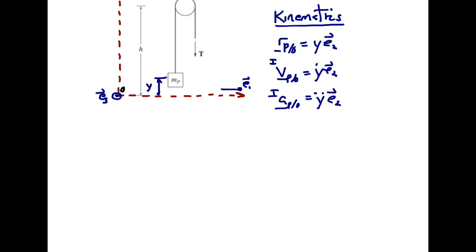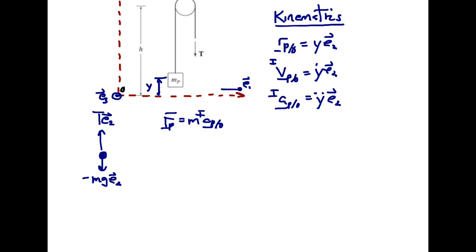We're going to apply F equals ma, so we need to determine our force. And so our free body diagram on this system is going to be mass times gravity in the negative E2 direction, and then we have our tension in the E2 direction.